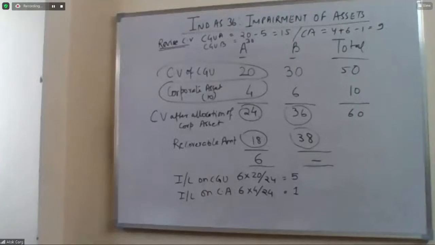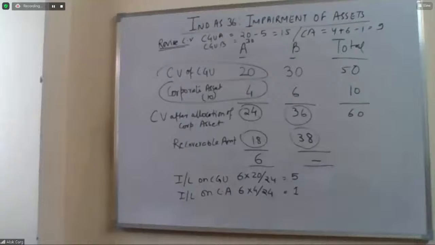Now the thing is, this corporate asset is a particular asset, and you cannot calculate the individual impairment loss on it because this corporate asset is not a cash generating asset. So first of all, you have to allocate the value of corporate asset into the CGUs. Then you arrive at a carrying value including corporate asset, which is 24 million in this case.